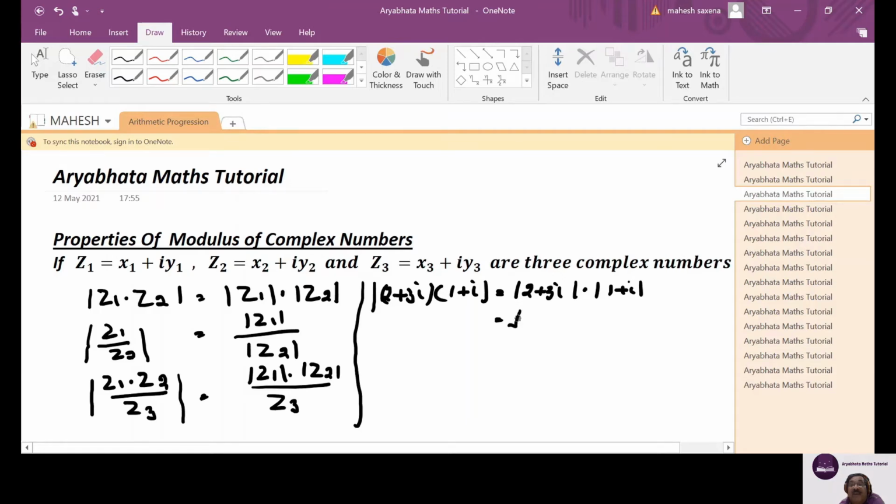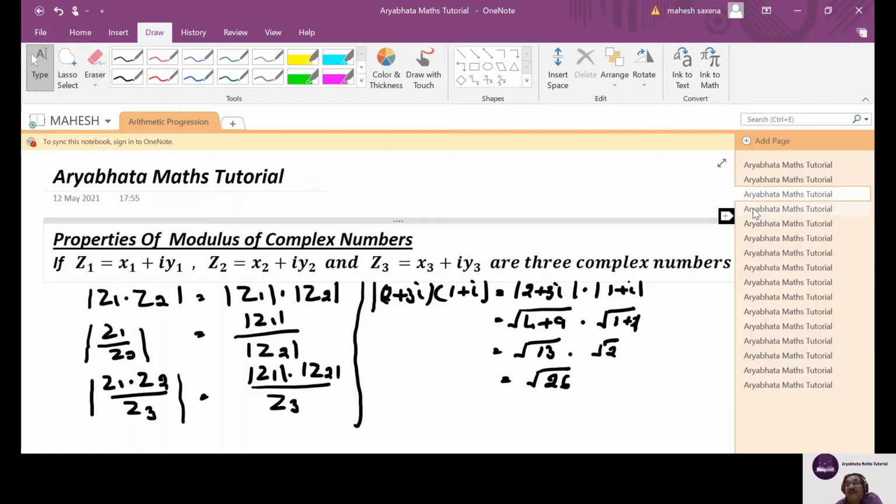Modulus of 2 plus 3i is under root 2 square, that is 4, plus 3 square, that is 9, into modulus of 1 plus i, under root 1 square, that is 1, plus 1 square, that is 2. That is under root 13 into under root 2, that is under root 26. Now you might have understood the modulus of a complex number and its properties.